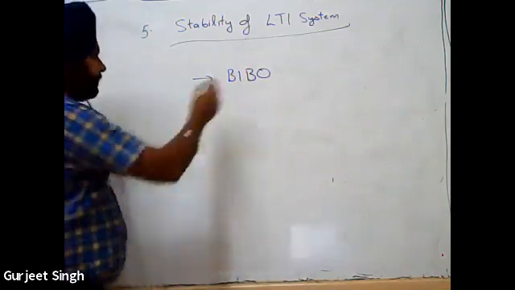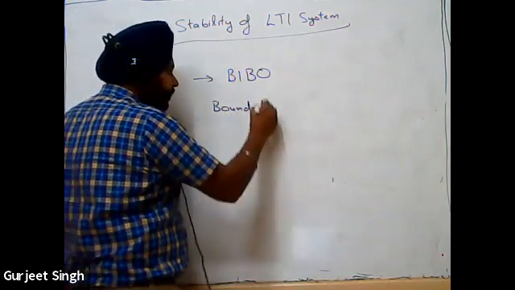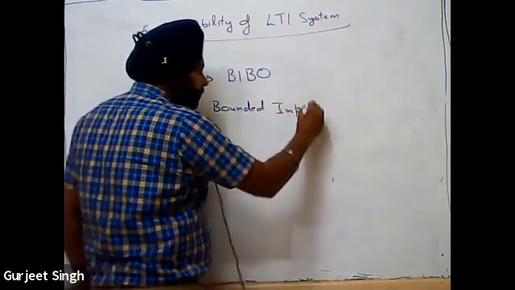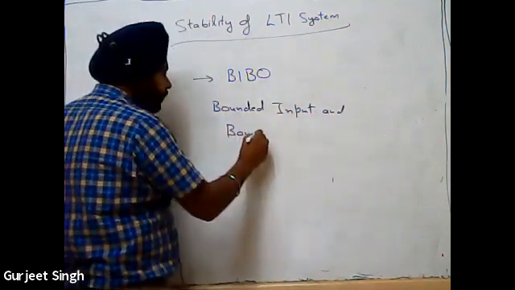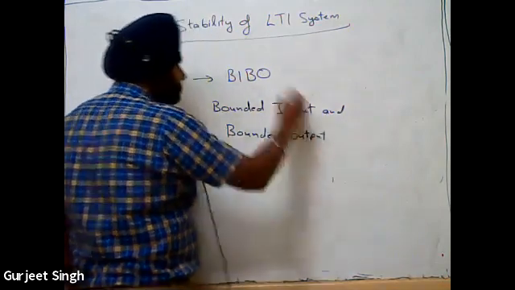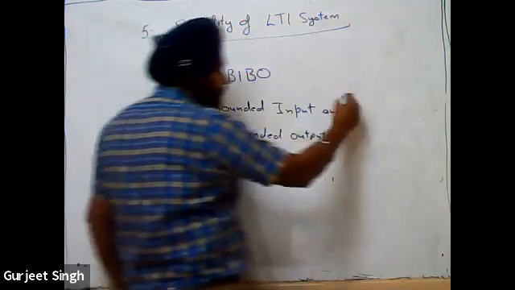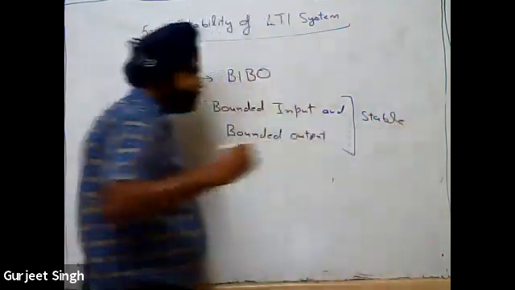What is this BIBO criteria? That is bounded input and bounded output. Then we can say that our system is the stable system.